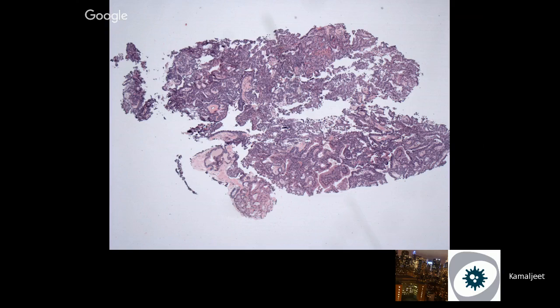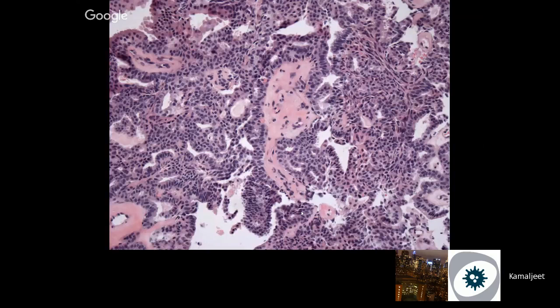Let's start with the intraductal papilloma. This is a core biopsy from an intraductal papilloma. In a benign intraductal papilloma you expect hyalinized, overt, big fibrovascular cores with epithelial proliferation, which on closer look resembles usual type ductal hyperplasia.